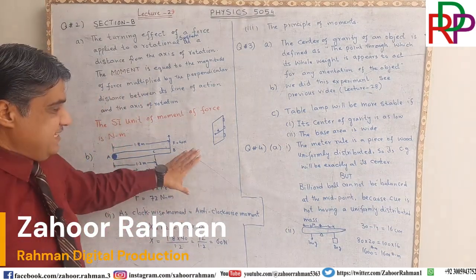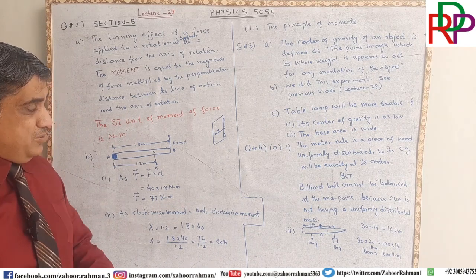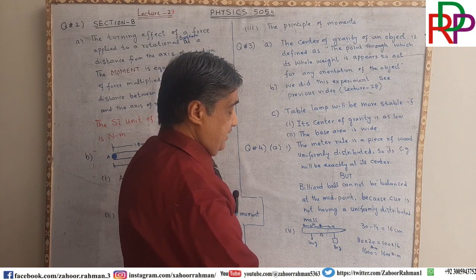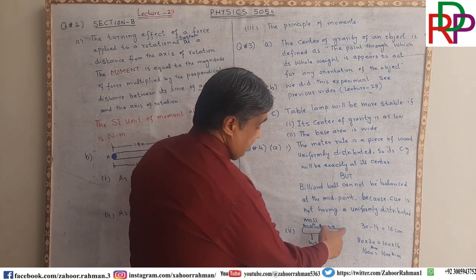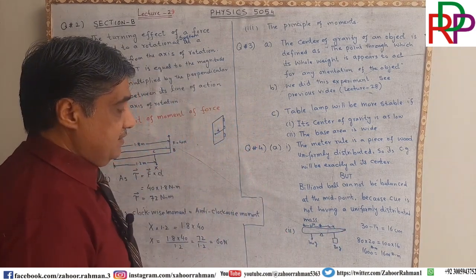Ladies and gentlemen, yesterday in the third part of the MCQs we did this, now we are converting it into an experiment. We have to find the center of mass of this billiard cue, which is not uniform.